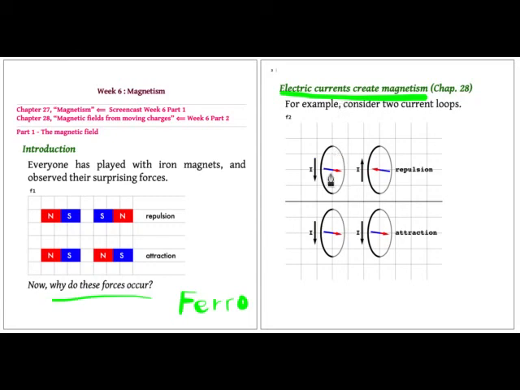Now, a current loop has an associated magnetic field. And it's kind of like a north pole on one side of the loop and a south pole on the other side of the loop.